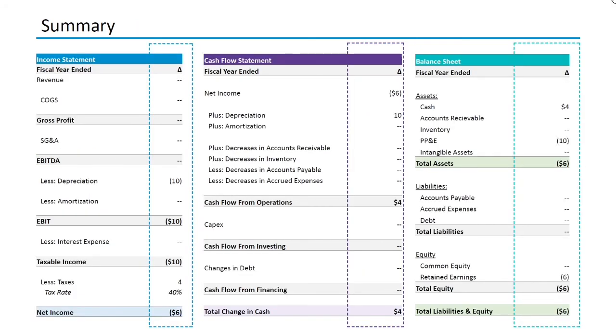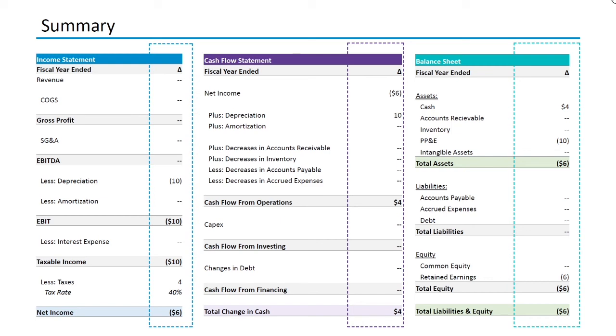Now bringing it all together, starting with the income statement, $10 of additional depreciation expense lowers EBIT as well as taxable income by $10. It also lowers our taxes by $4 if we assume a 40% tax rate, which in return causes net income to decrease by $6.